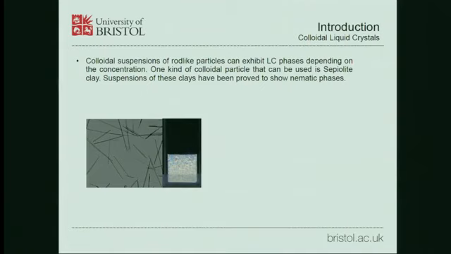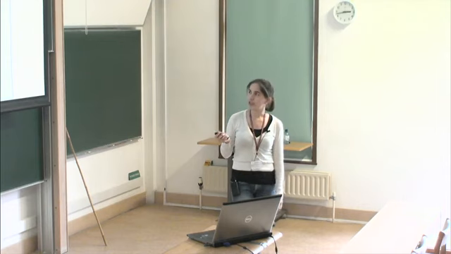In our case, we use toluene, and depending on the concentration, there is the phase separation that you're going to get. Here we have the nematic phase, and this is the isotropic phase. This is a picture of a suspension put in a cell and seen between crossed polarizers, which is why you see these bright regions, that is the nematic phase.